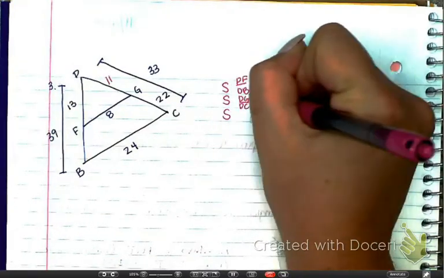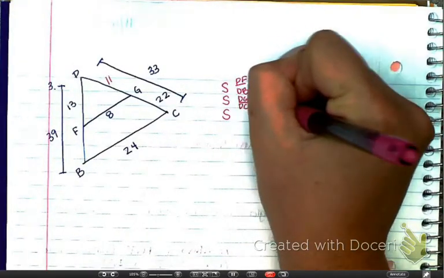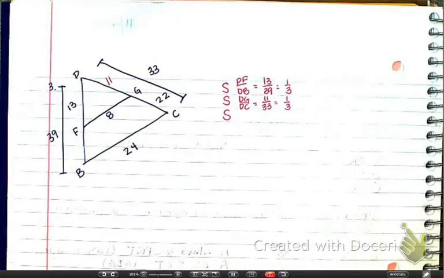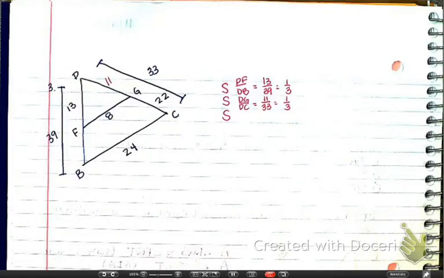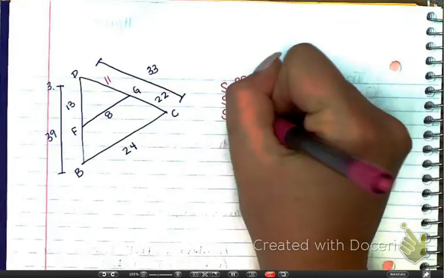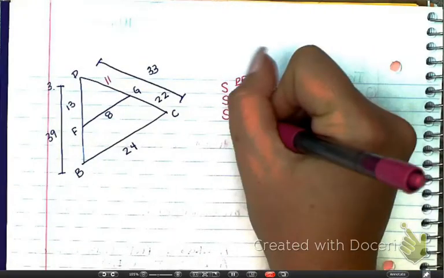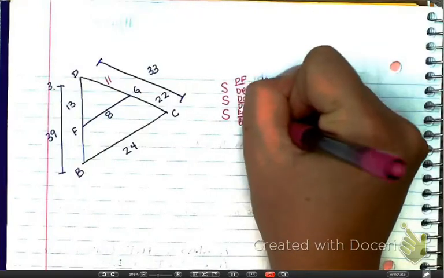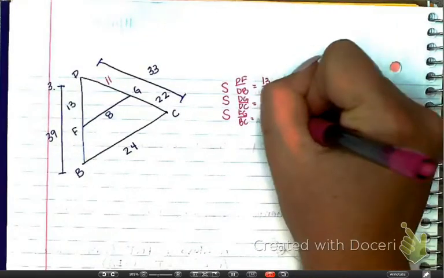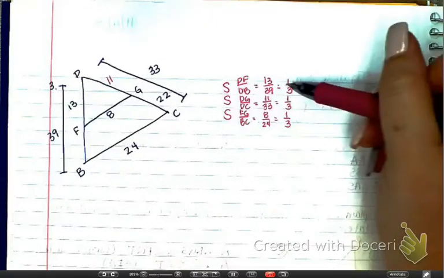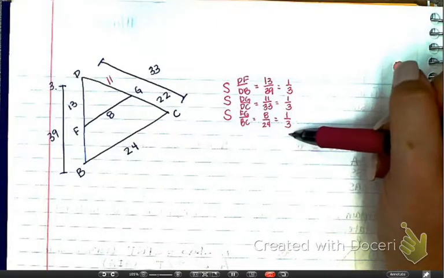DG is 11, DC is 33, so it's still 1/3. What would be my last side I need to compare? FG and BC. FG is 8, BC is 24, and I get 1/3. So because all three sides are proportional, my triangles are similar.